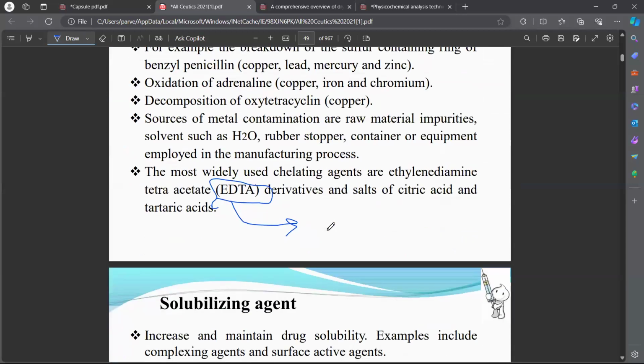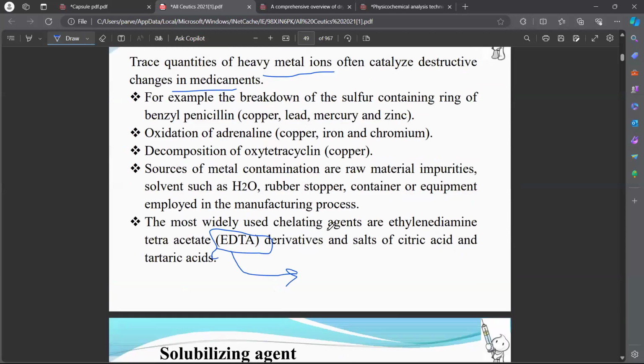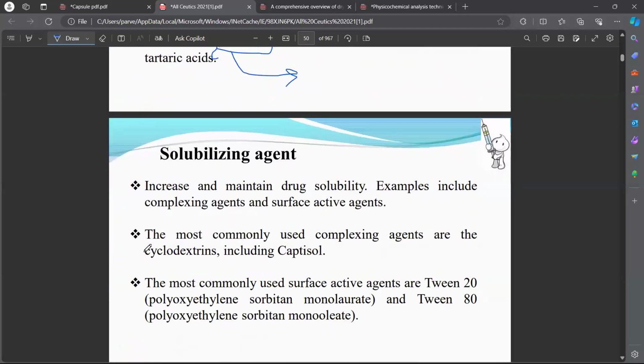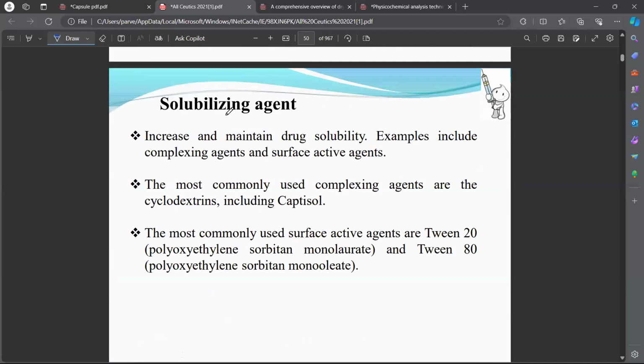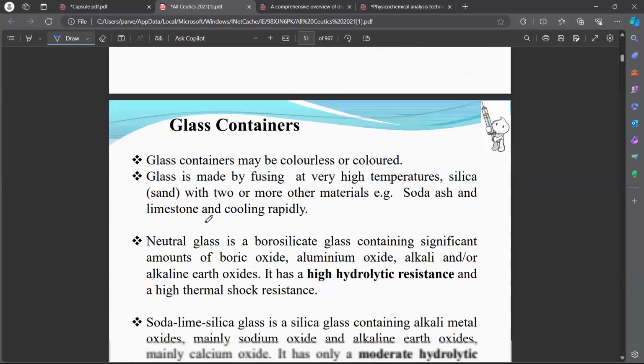How many binding sites does EDTA have? 6. Great guys. Next, solubilizing agents, which are used in order to increase the solubility.